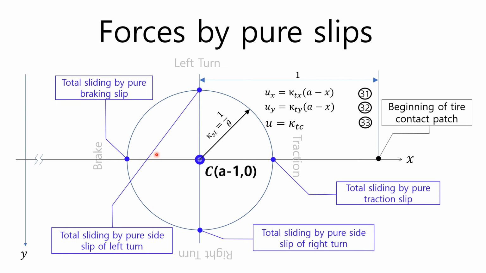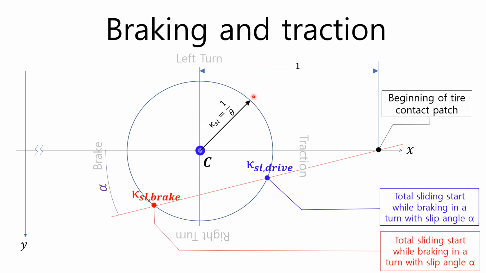And the trailing point represents the total sliding due to pure longitudinal slip that occurs during braking. Let's look at the combined slip circle related to braking and traction. We can draw a straight line passing through the beginning point of the tire contact patch and the 2 points of the combined slip circle with side slip angle alpha.